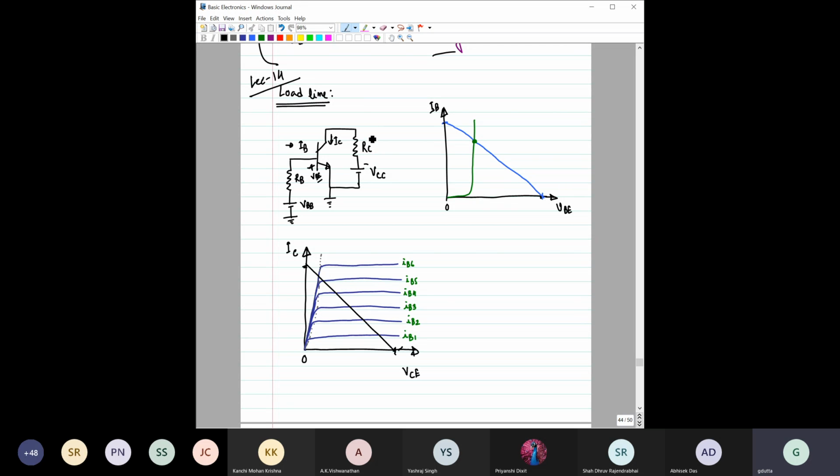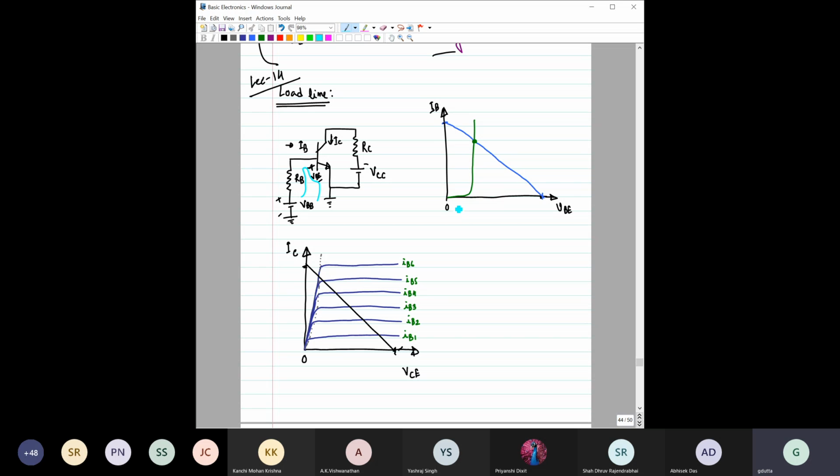Here we can also see the polarity of VBB, and from this it is clear that it is in the active region only. It is forward biased only. So if this junction is forward biased, let us proceed step by step. Then obviously we can draw one load line in this loop.